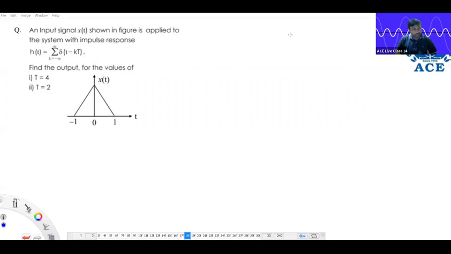The input signal is given as a triangle that is passed through sigma del of t minus kt. First time, when you provide a gap of 4 units, try to get the output. Del of t minus 4k. First time we want to select impulse functions with a gap of 4 units.